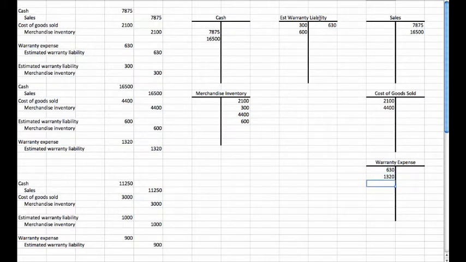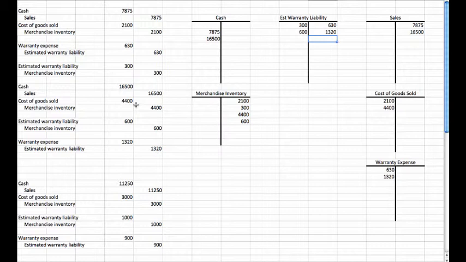Crediting the estimated warranty liability of $1,320 over here. Now let's stop here right now, because what I want to show you is these were all the transactions for 2007. Notice I placed these columns of T accounts in the order of the accounting equation, that here is our assets, here's our liabilities, and here's our income and expense items as reflected towards these journal entries.